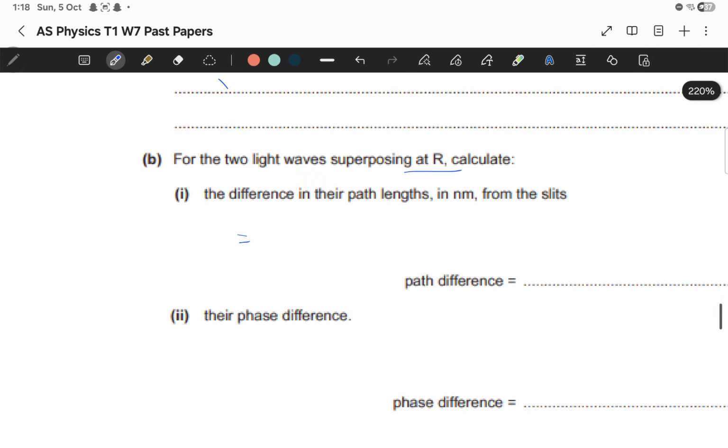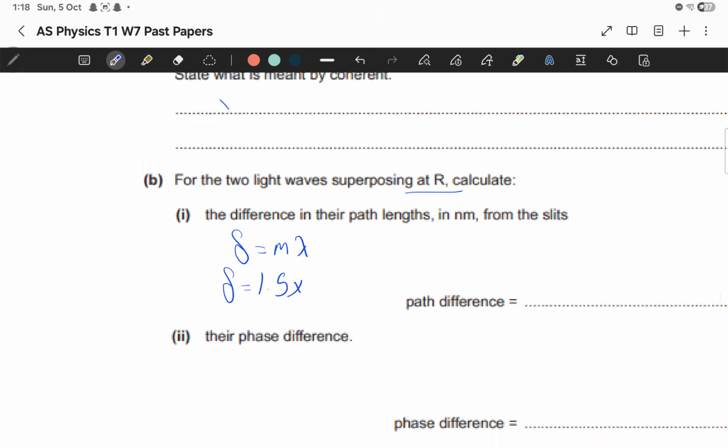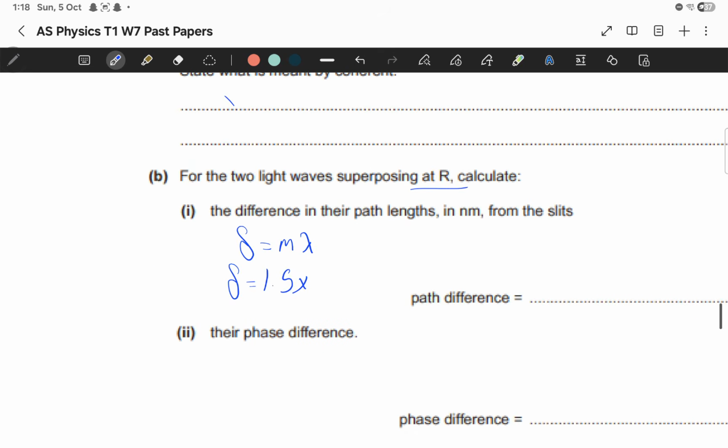That means we can use delta equals m lambda. That means delta is equal to 1.5 times, what's lambda? 660 nanometers, so 660 times 10 to the power of negative 9.